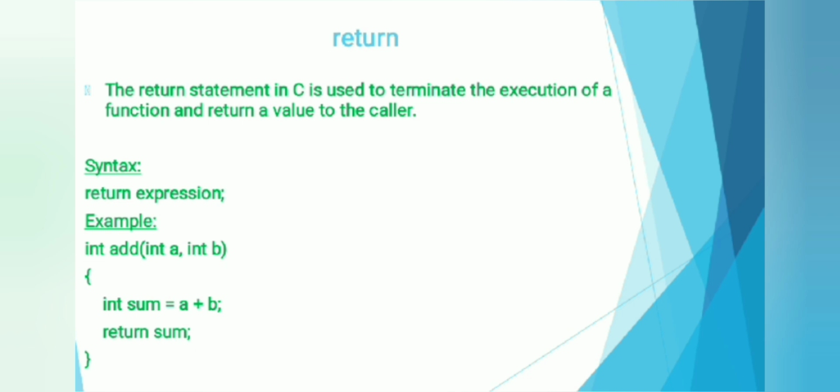So the sum moves to the caller function, and within the caller function you can print the sum value. So the return statement is used to terminate the execution of a function and return to the caller function. This is the concept of the return statement.